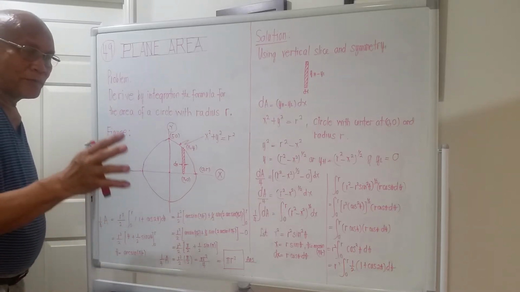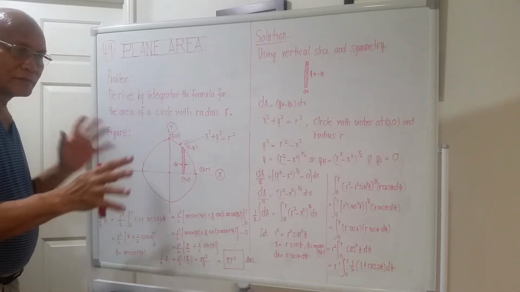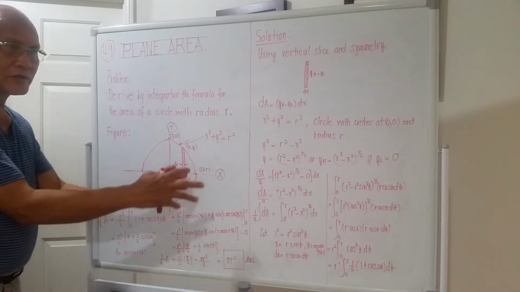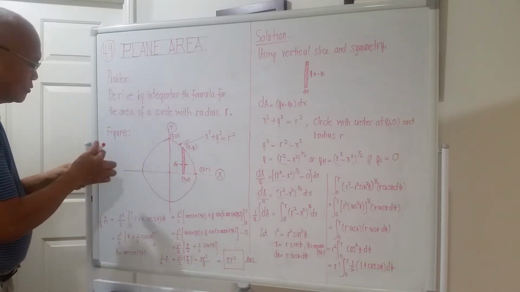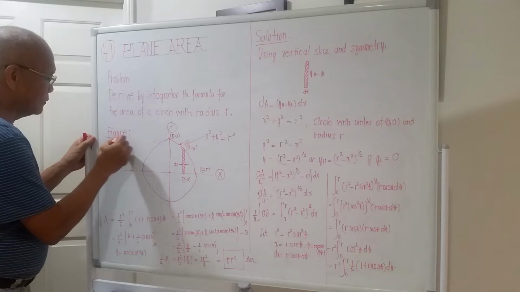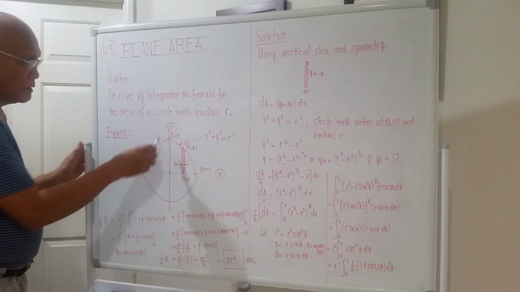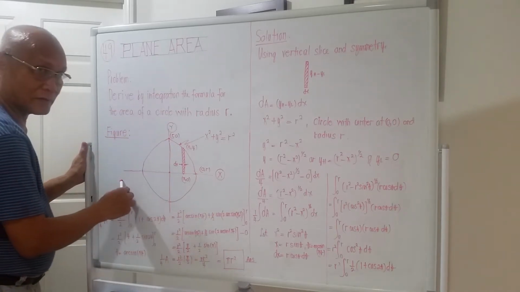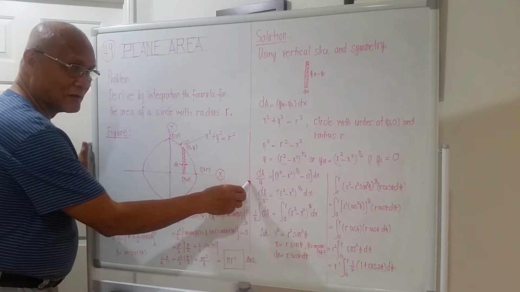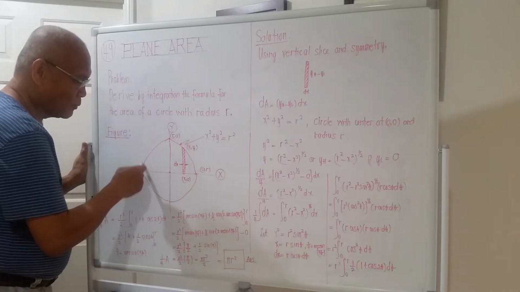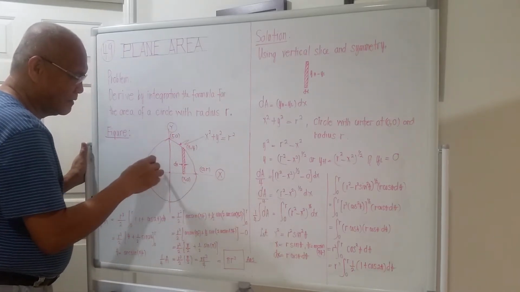We must first figure out the circle on the Cartesian coordinate system. So if we try to bring out the figure, this is the y-axis, this is the x-axis, this is supposed to be the circle, okay?